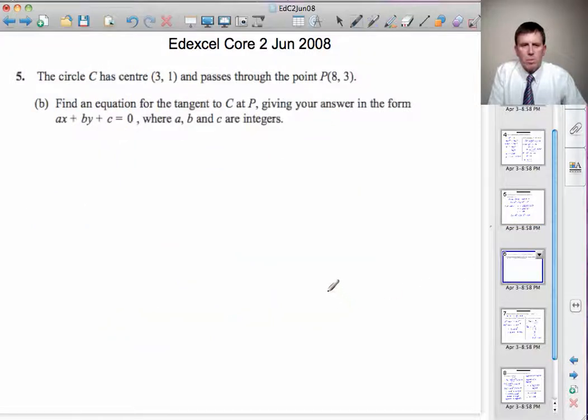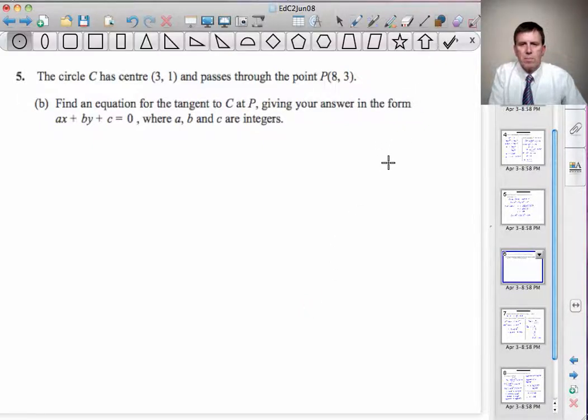Second part of the question, find an equation for the tangent to C at P, giving your answer in the form ax plus by plus c equals 0, where a, b and c are integers. Well, let's have a diagram to start with.